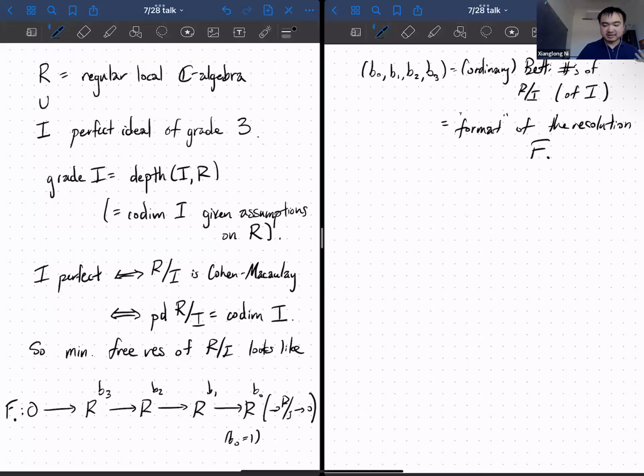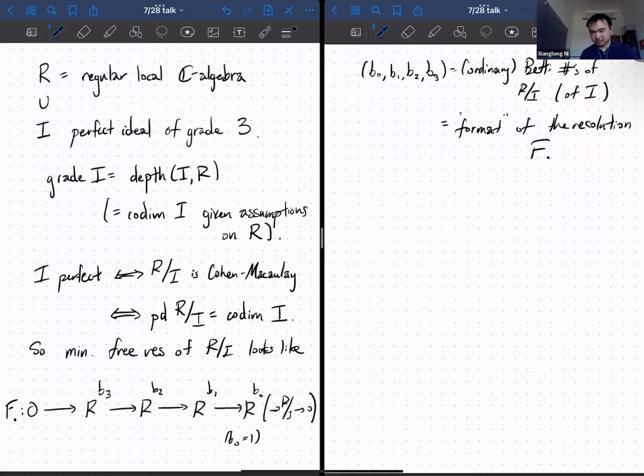We give it a new name because a lot of what's done in this topic doesn't require that the resolutions be minimal in general, so it's helpful to have a separate notion that doesn't always coincide with Betti numbers.